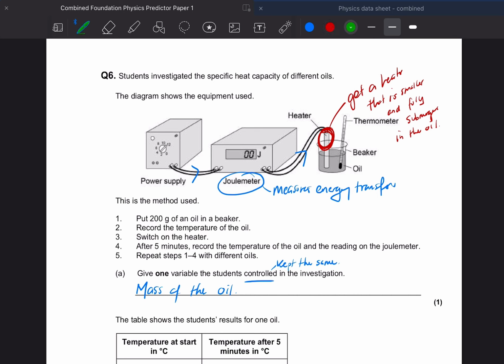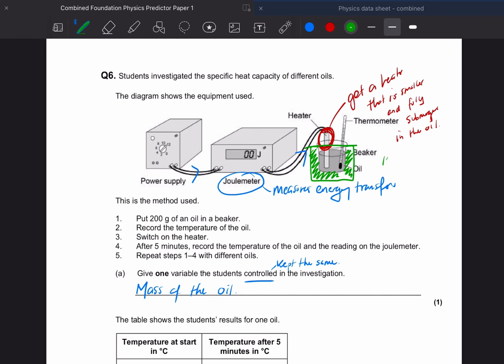The other thing, I'll use green for this one, is a lot of the heat is going to be given out. So they're going to be heating up that oil, but whilst the experiment's happening, the oil is going to be heating up the side of the beaker, and then the beaker is just going to be giving out the heat into the surroundings. So what they could do in order to reduce that is they could put something around here and even a lid on it, like this is insulation, to stop that heat going out so much into the surroundings.